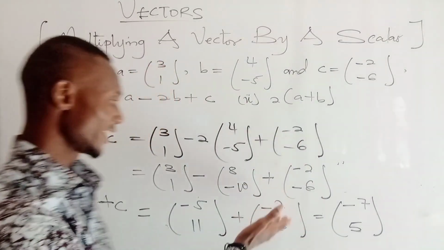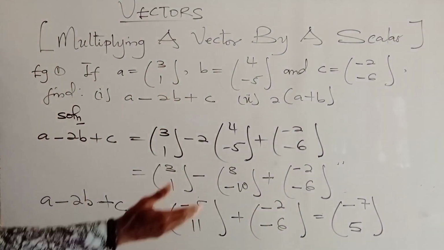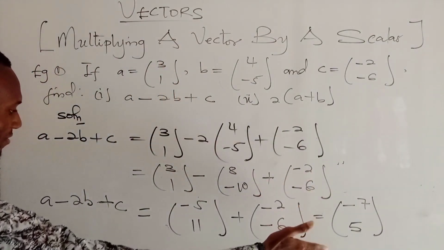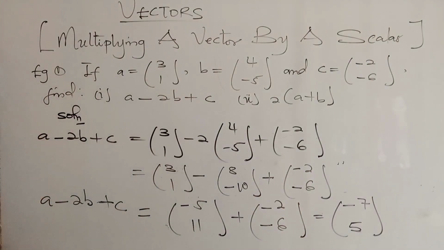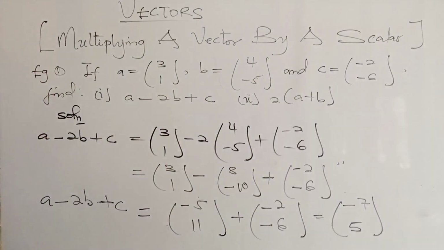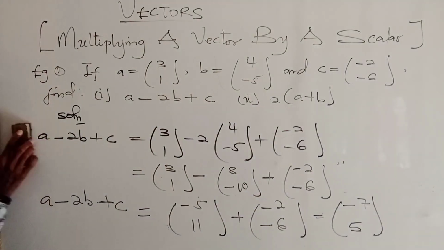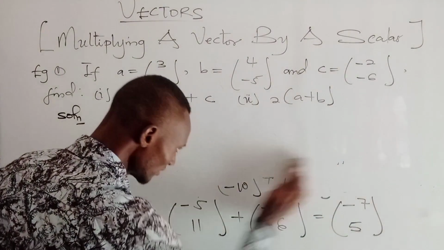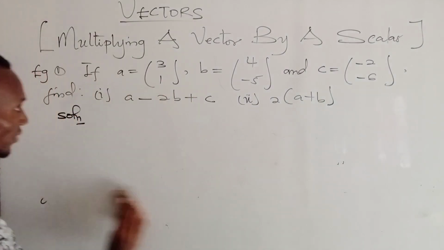So take note of this. This is the I, and that's the answer, minus 75. That's how we simplify or find a minus 2b plus c. The answer is minus 75. So let's do the II, and I'm going to clean the board so that we can have enough space to continue.